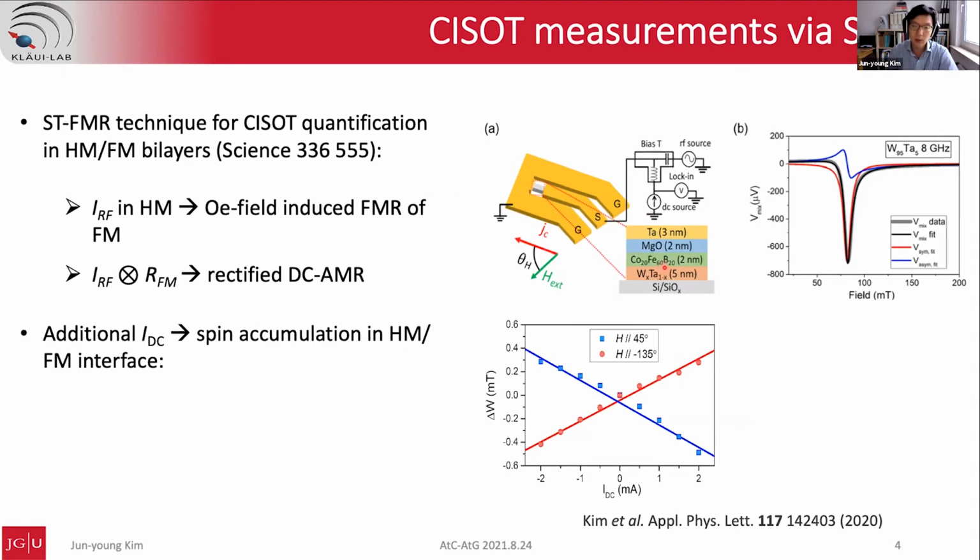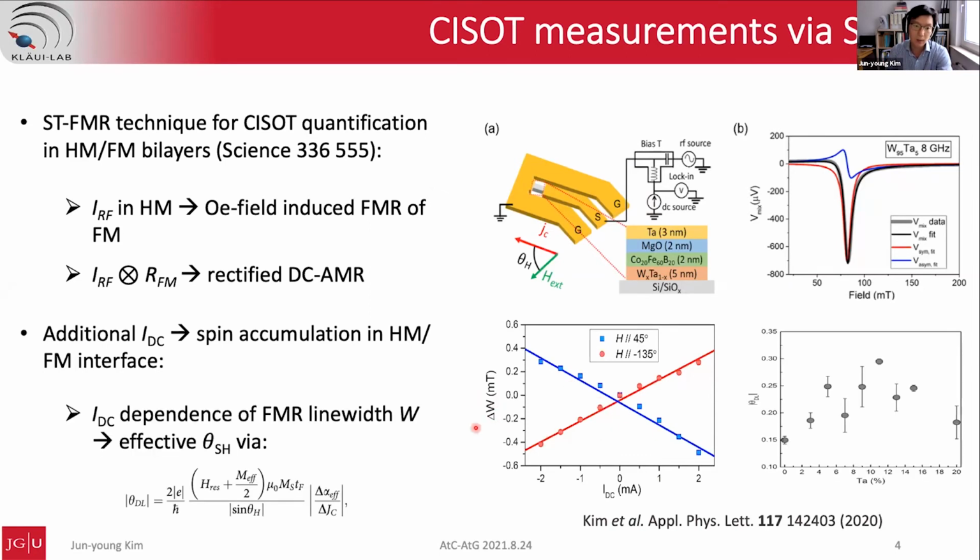And then this spin accumulation either narrows or broadens the width of the FMR peak we observe. So by studying the systematic DC dependence of the width of the peak, we can quantify the amount of torque given to the ferromagnet, and from that we can estimate the effective damping-like spin Hall angle in the system.